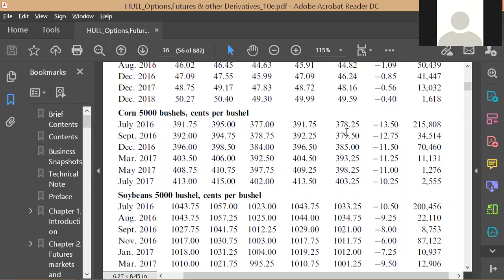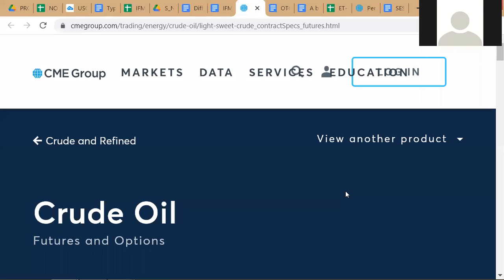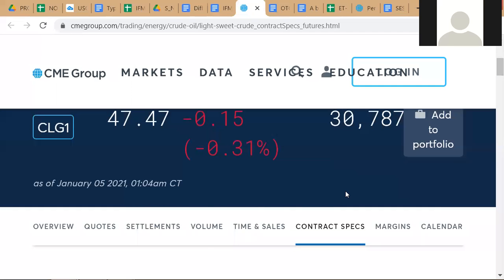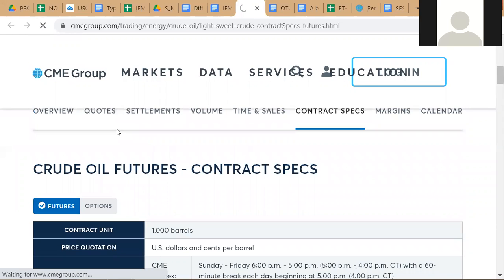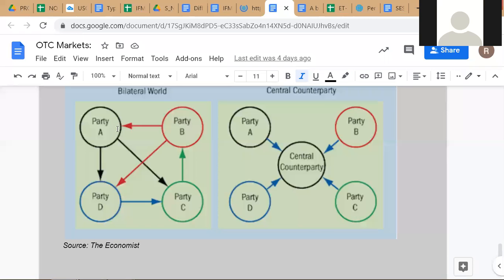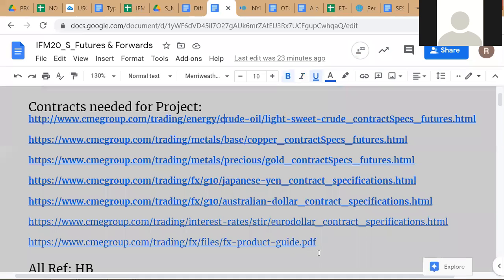Third last: 78, 79, 85, 93, 98, 403. As you go further out on the maturity structure, the prices are increasing. He's called this a normal market. If you go to quotes, you can see the same thing here, but let's refer to this by a different term.